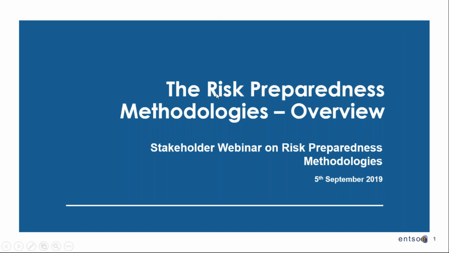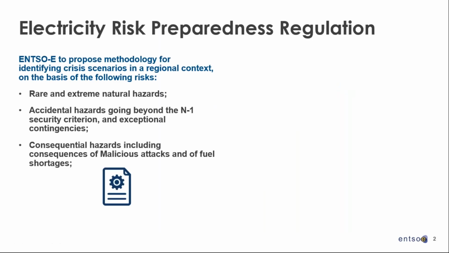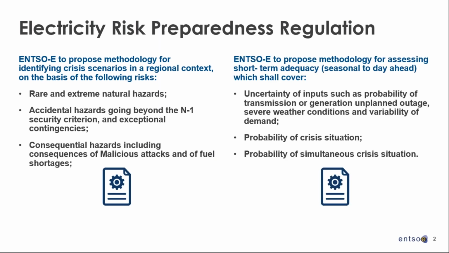A bit of background then, to how we got to this point. The electricity risk preparedness regulation, which came into force on the 4th of July this year, requires ENTSO-E to propose a methodology for identifying crisis scenarios in a regional context, and also requires ENTSO-E to propose a methodology on short-term adequacy assessment and seasonal adequacy assessment.